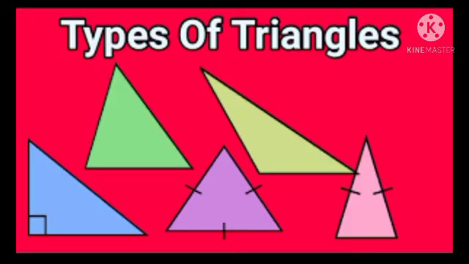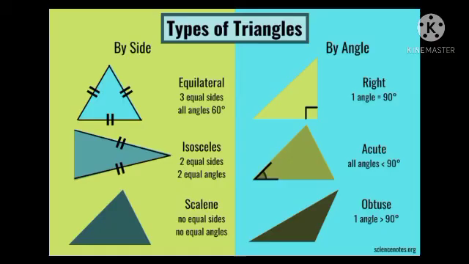Now let us see the types of triangle based on its sides and based on its angles. First, let's see the types of triangle based on its sides. Students, if three sides of the triangle are different in length, then it is called a scalene triangle. If any two sides of the triangle are equal in length, then it is called an isosceles triangle.